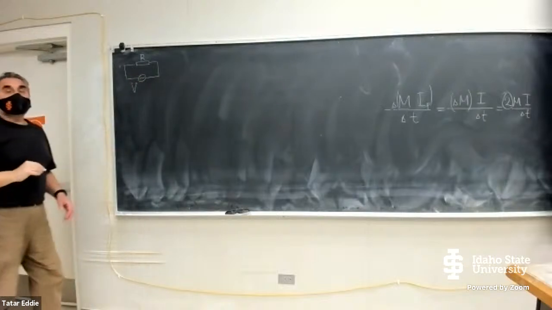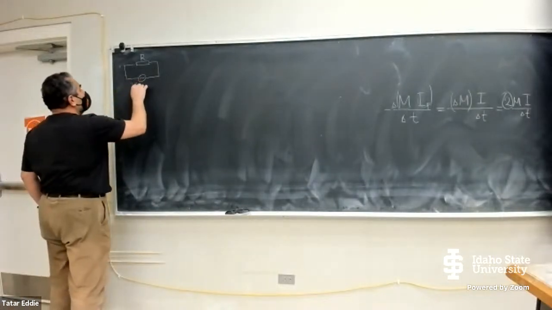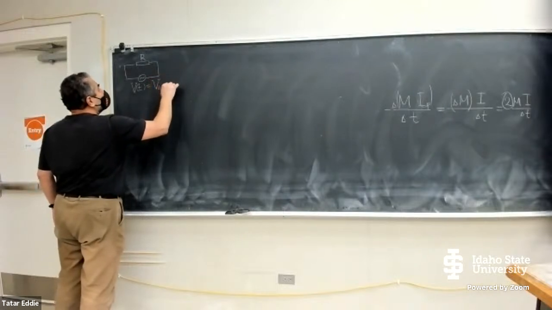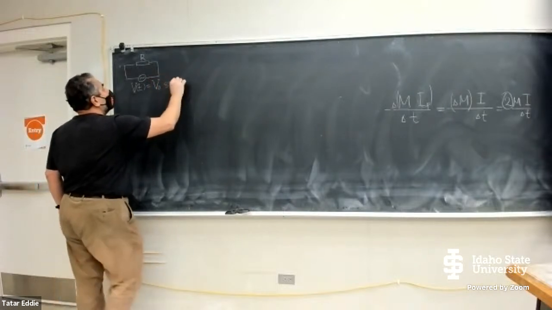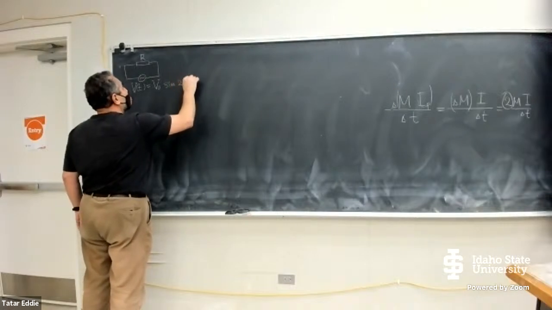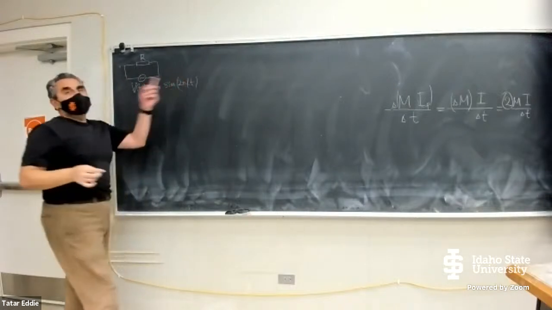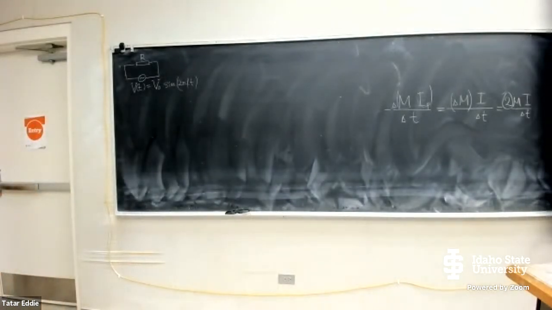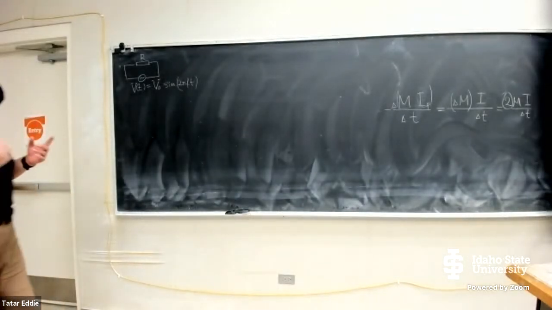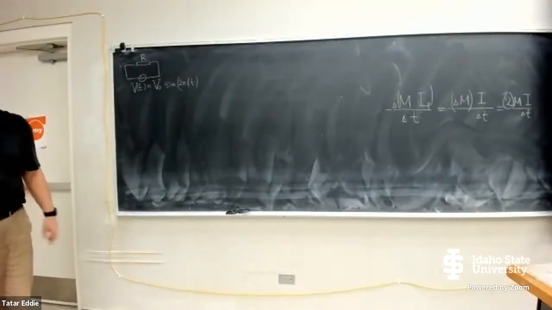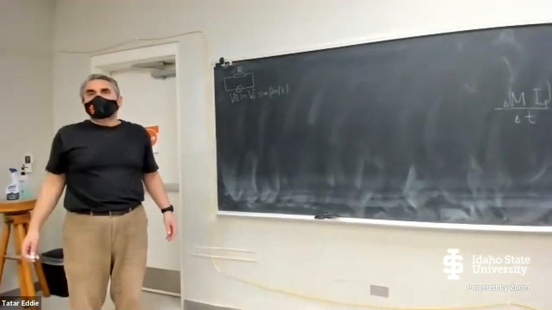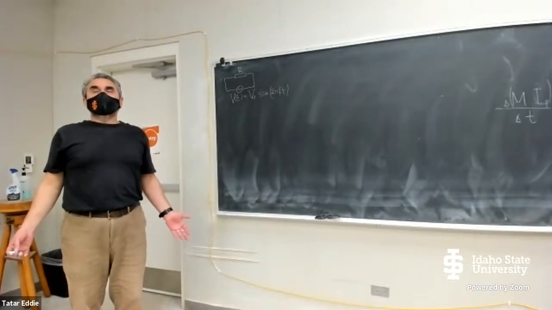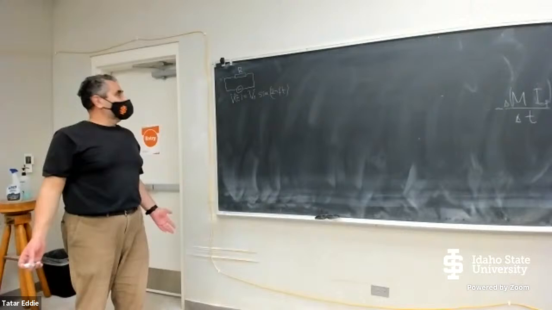The AC voltage at any moment of time is some amplitude V naught multiplied by sine of 2 pi ft. So 2 pi f is exactly what we call angular frequency, omega. This is why this 2 pi is there, in order to have the expression under the sine as omega times t.